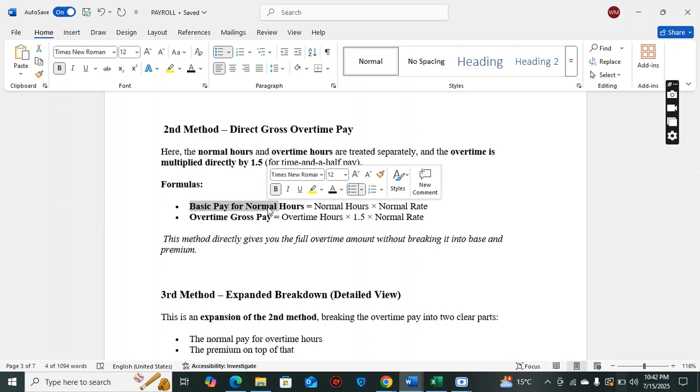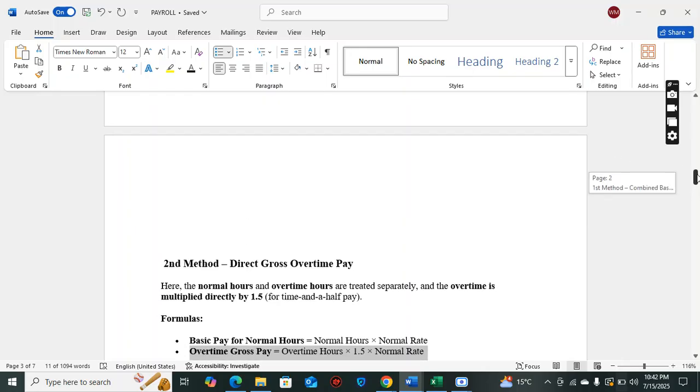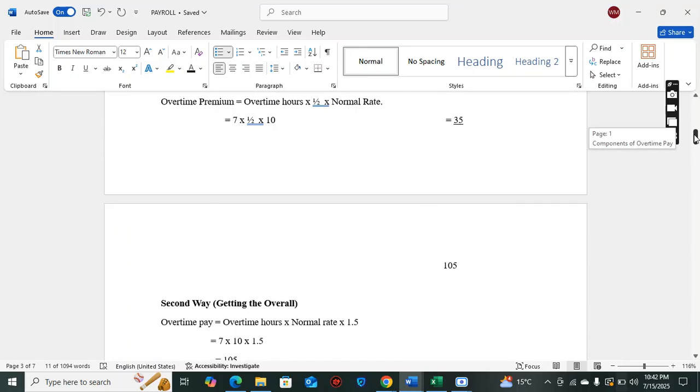You won't include the overtime hours. Here you only focus on the normal hours and the normal rate. Then you get the gross overtime pay, which we did earlier on.